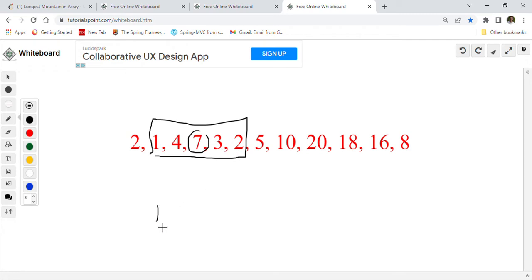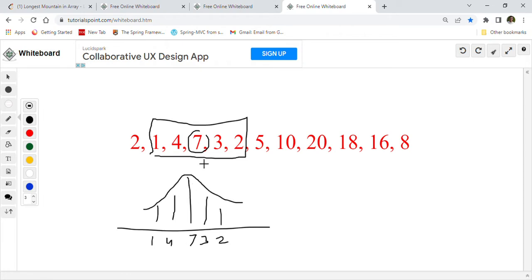So what it means is, if I plot a graph for this sub array, then it will look like this. This is 1, then this is 4, then this is 7, then this is 3, then this is 2. So it is kind of a mountain it is forming. So this 7 is the peak of that mountain.